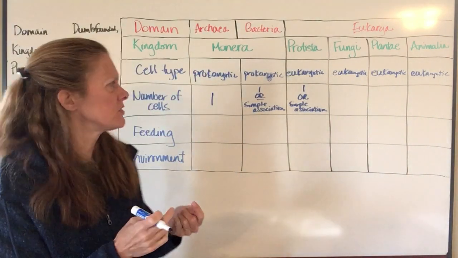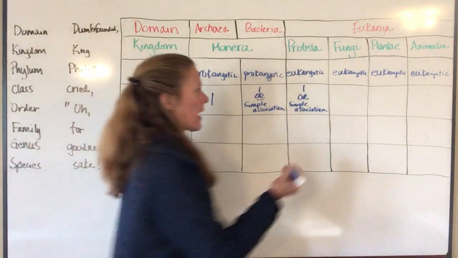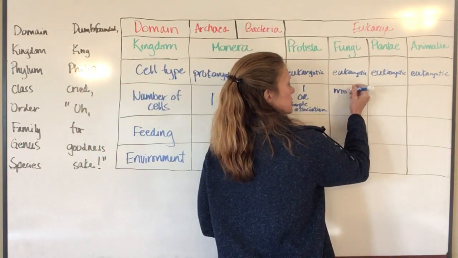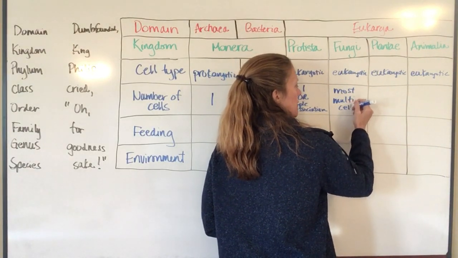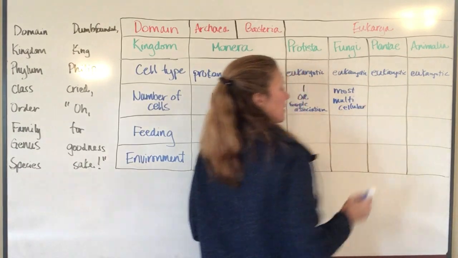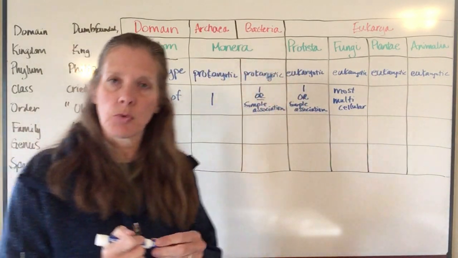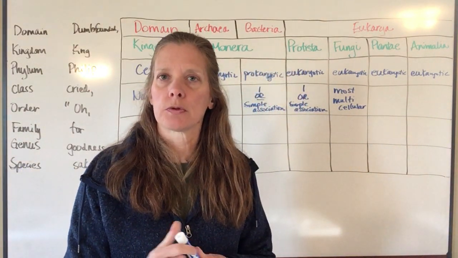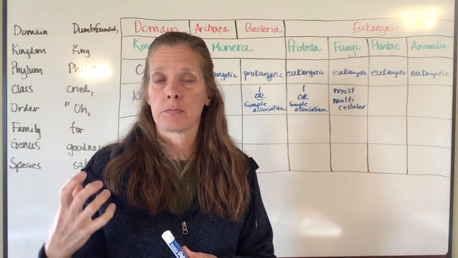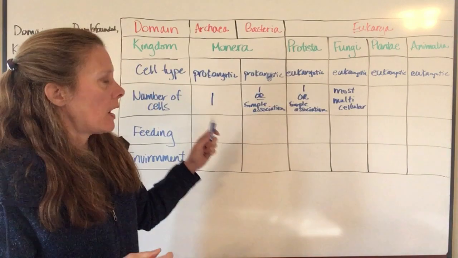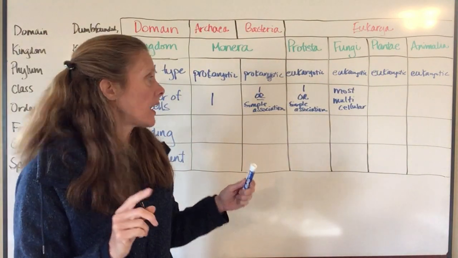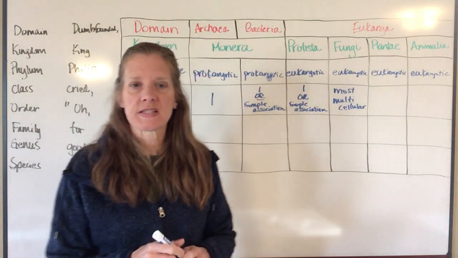Now, once you get into kingdom fungi, most of those, not all, but most of those are multicellular. There are a few that are not, and when we talk about fungi a little bit later on, we will talk about one very familiar form of a fungus to you that definitely just has one cell, but most of them are multicellular.